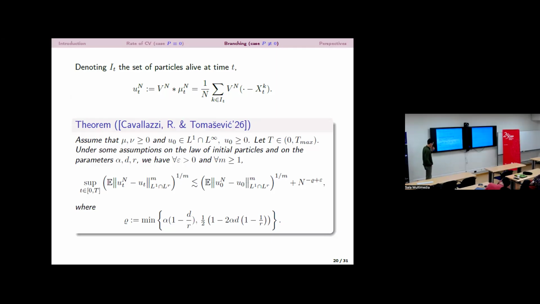And the result reads similarly to the previous one. So up to the maximal time of existence, you get a convergence in L1, L^r again. So you still have this term here, and you still have the rate of convergence here, which is almost the same as before. The difference comes from the fact that you have ions now in your dynamics, and they don't go to 0 exactly at the same rate.